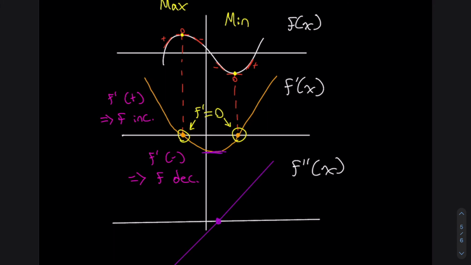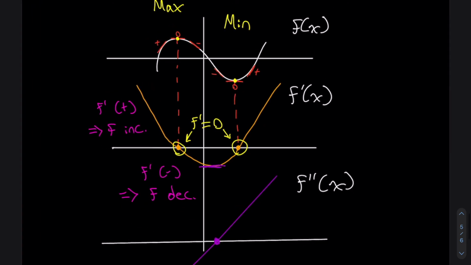So now look at this. Over here, we have the slope being positive on f, then going to 0, then going to negative. This corresponds with f prime being positive and then going negative.